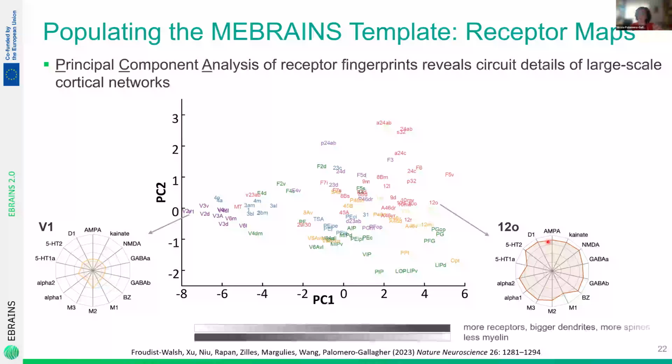Okay? This is because when we move from the left to the right of the principal component, we find more receptors per neuron, because these neurons to the right are also characterized by having larger dendritic trees.